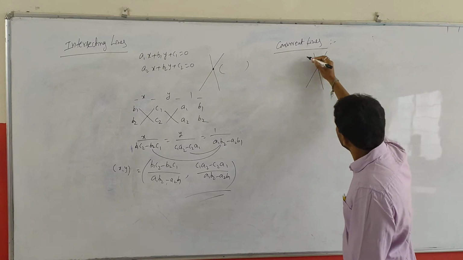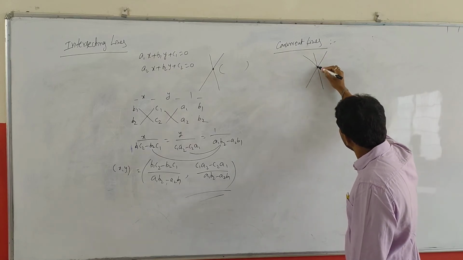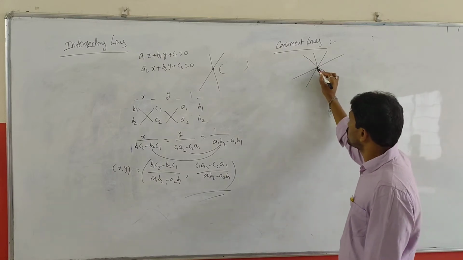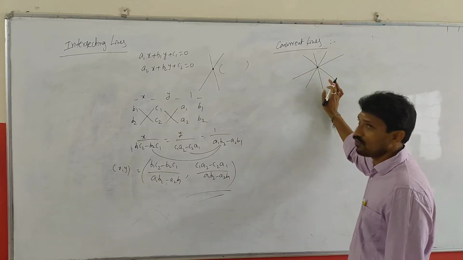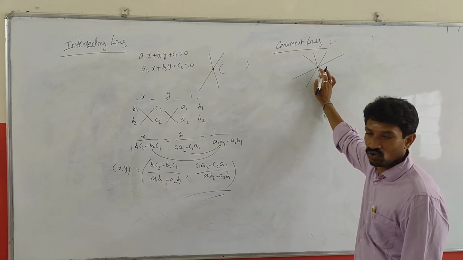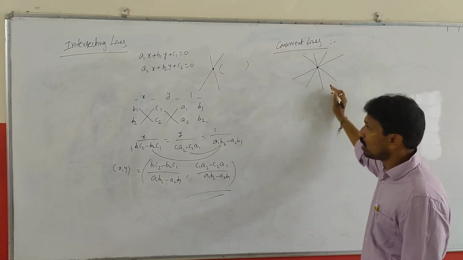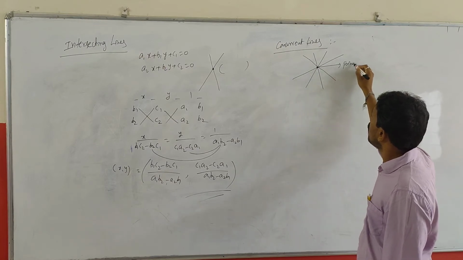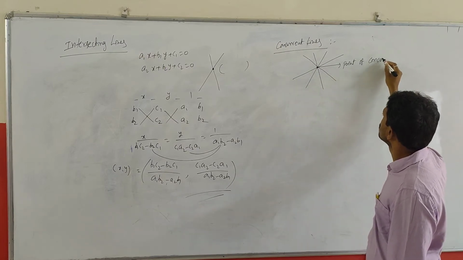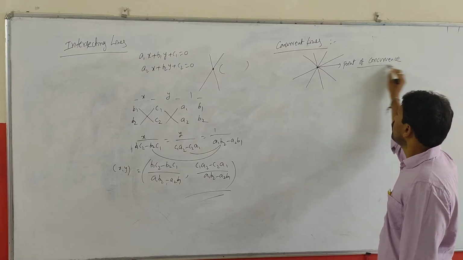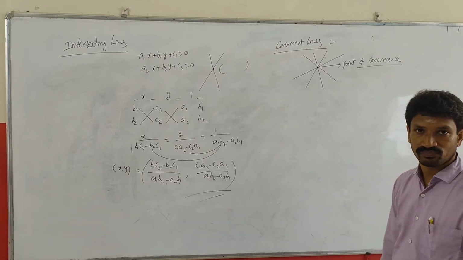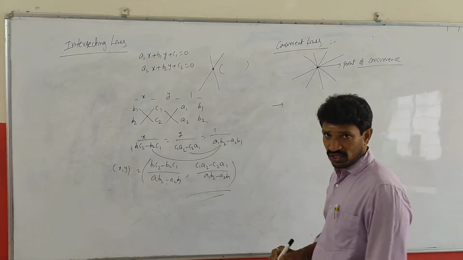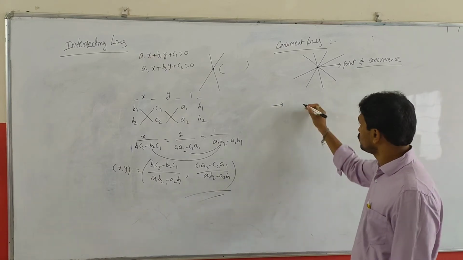If three or more lines pass through a fixed point, that means all of them have one common point, then those lines are called concurrent lines, and this point is called the point of concurrence.